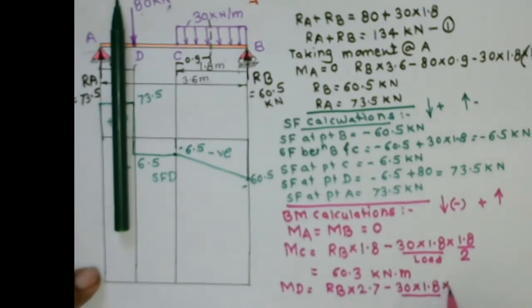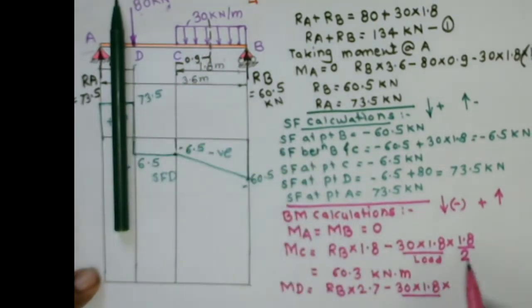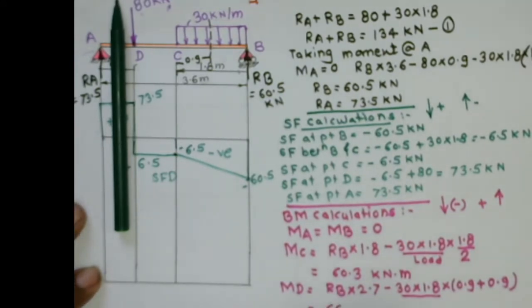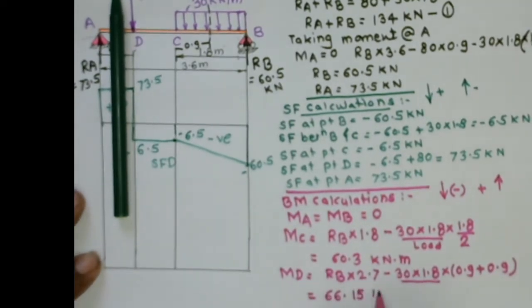It is acting at the center, so that becomes 0.9 plus 0.9. Put the value of RB in that equation, and you will get 66.15 kilonewton meter.